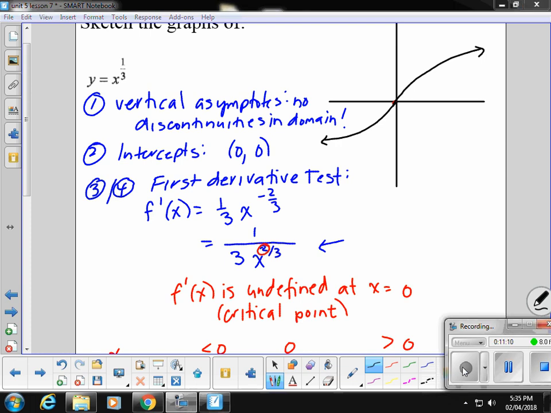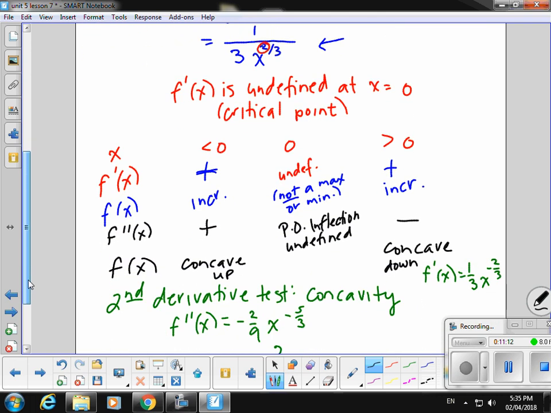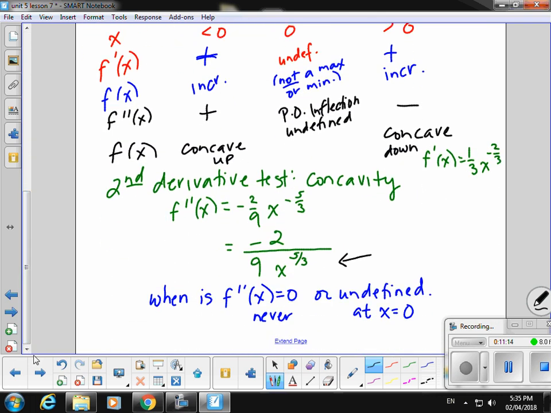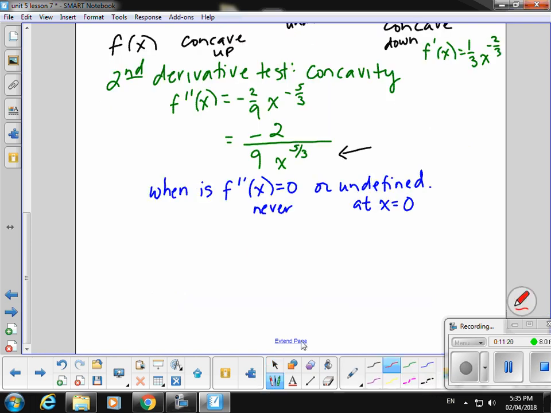We should continue. We have concavity, my second derivative test. I should be looking for extremities. I went ahead and graphed it already, but let's check our work. For my extremities, I should be looking at the limit as x approaches infinity for the function.